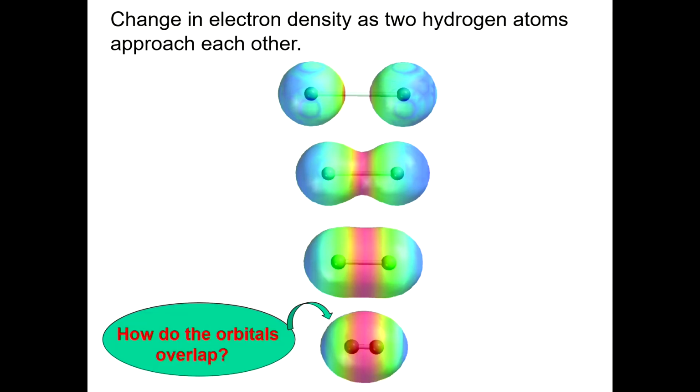Okay. Now we just know the orbitals overlap, but how do the orbitals overlap? We want to know more details about the overlap. So here we introduce the valence bond theory.